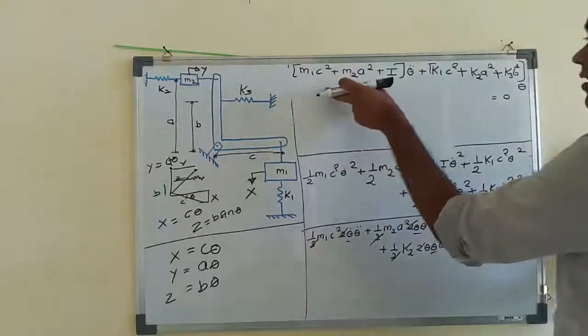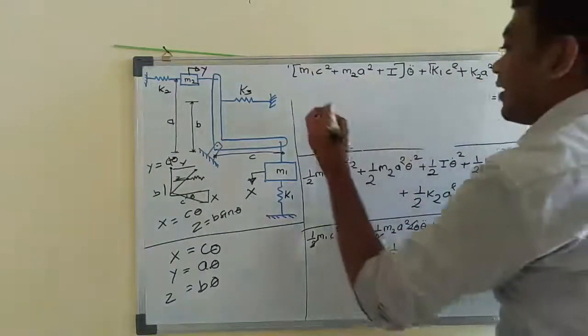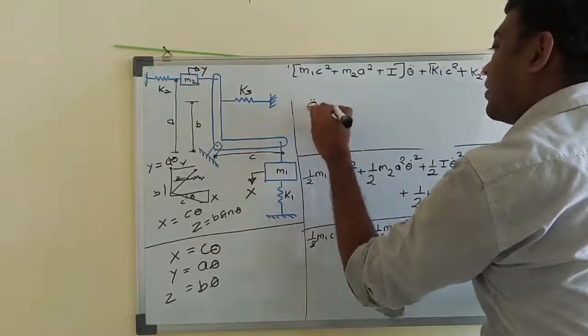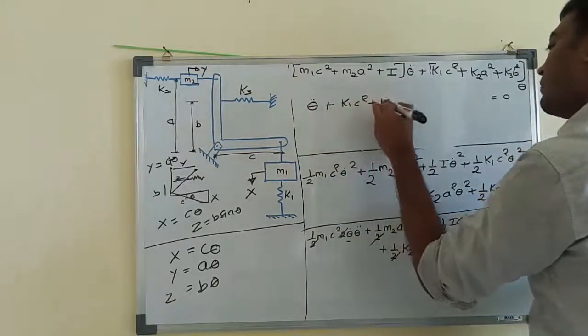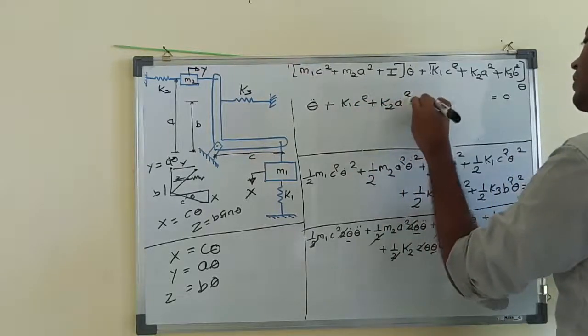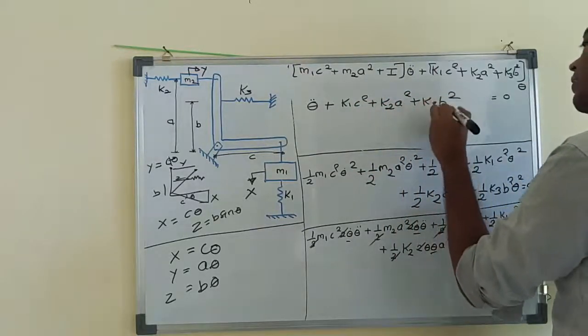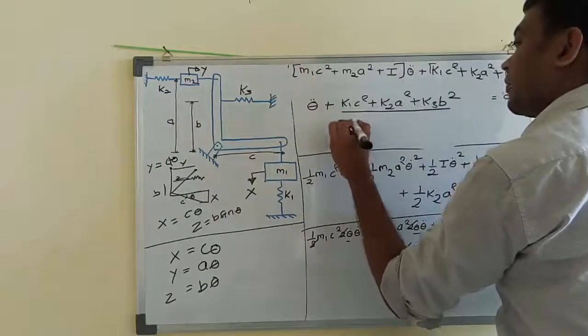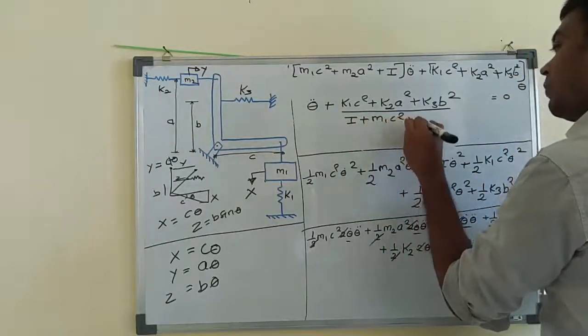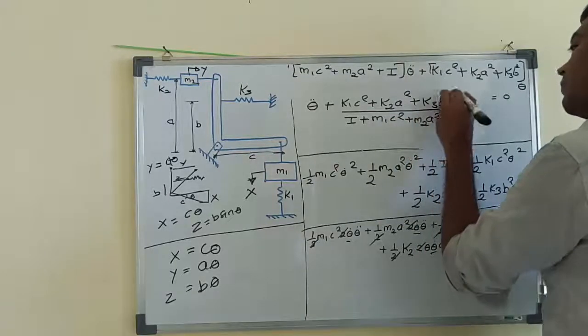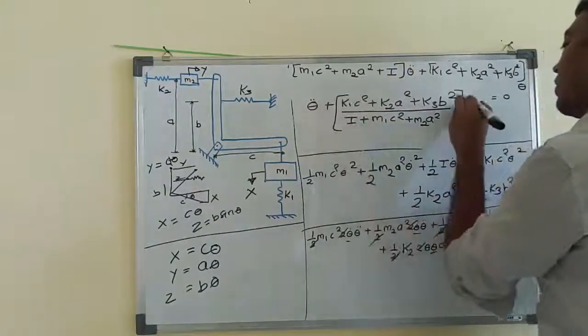Now we bring this term downward, so theta double dot plus (k1 c square plus k2 a square plus k3 b square) upon (I plus m1 c square plus m2 a square), bracket complete, times theta equals 0.